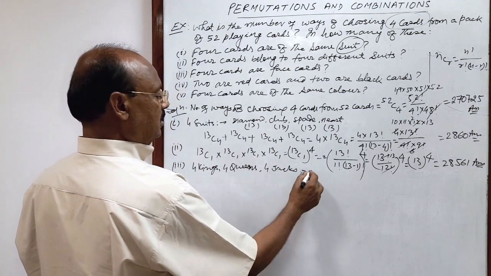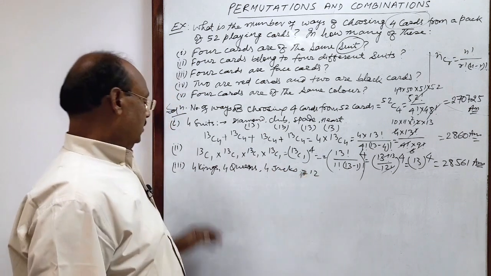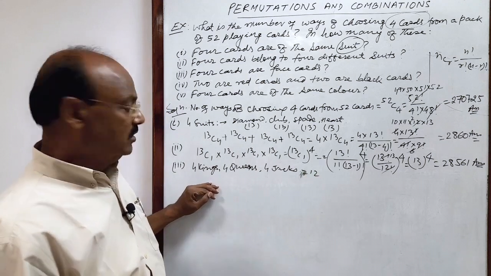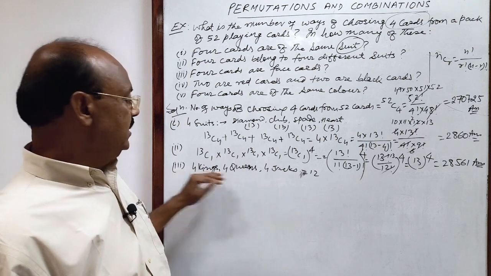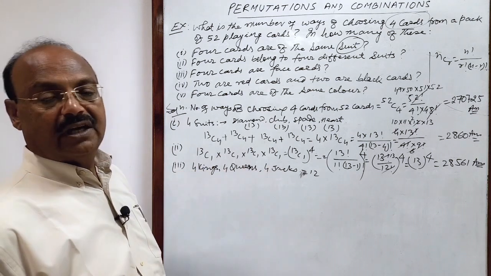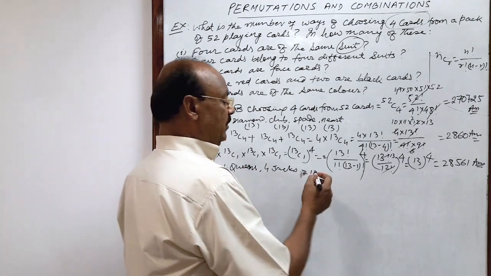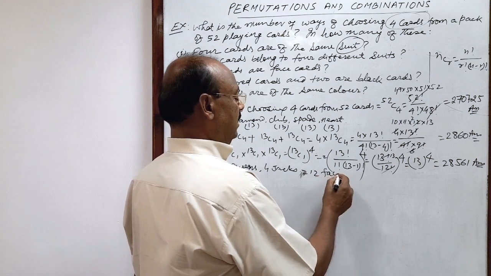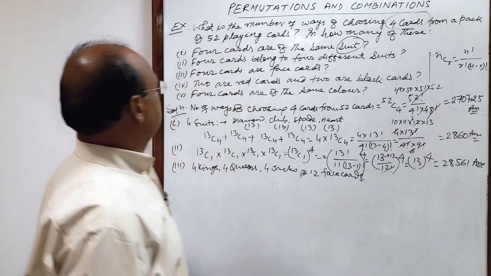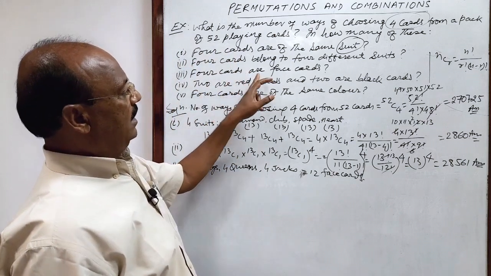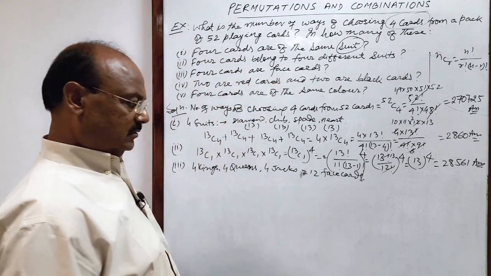So total 12. King has a face, queen has a face, and jack has a face. So these cards are known as face cards. So in total, how many face cards do we have? 12 face cards. And out of these 12 face cards, 4 cards have to be selected.